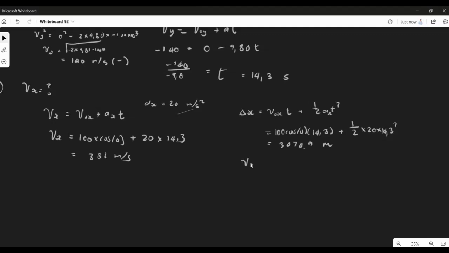And we can obviously use this equation, the Vox squared plus 2ax delta x. And I'm just going to root it. We know this is 100 squared, because 100 times cos 0 is 1, plus that by 2, times that by 20, times that by 3474.9. And obviously, you should get exactly the same answer, I believe.